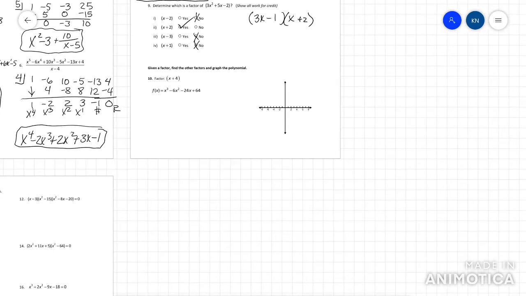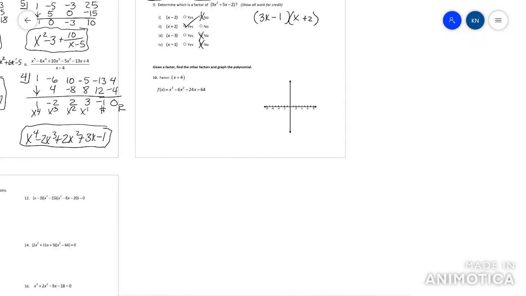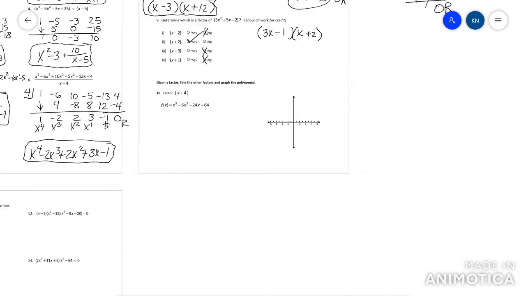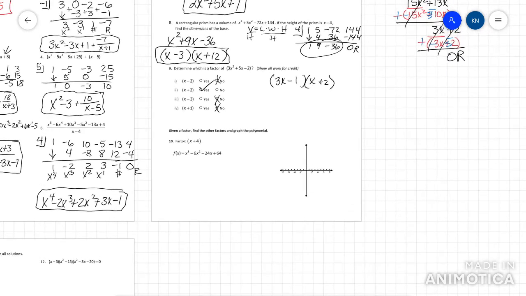Okay, they want you to graph a polynomial, and they give you a factor. So in order to graph a polynomial, you really want it in fully factored form. So what you got to do here is you have to do division first and then factor more, kind of like we did 2 problems ago on the rectangular prism.